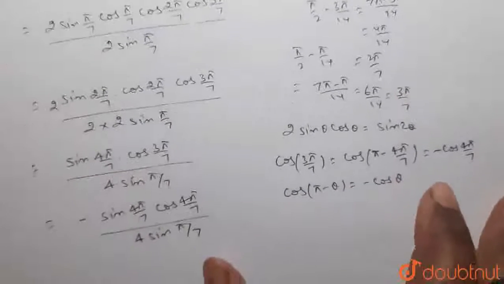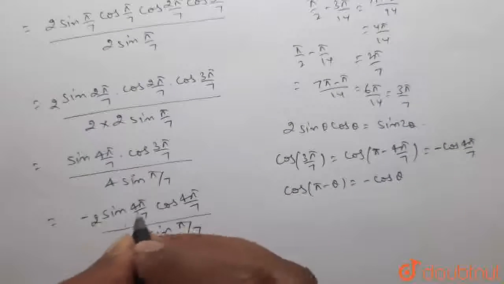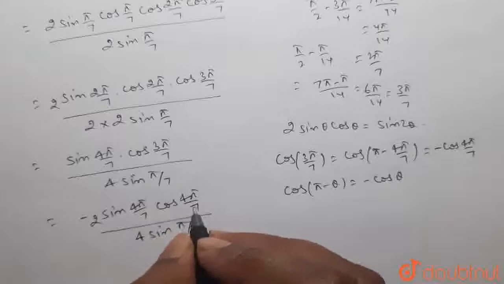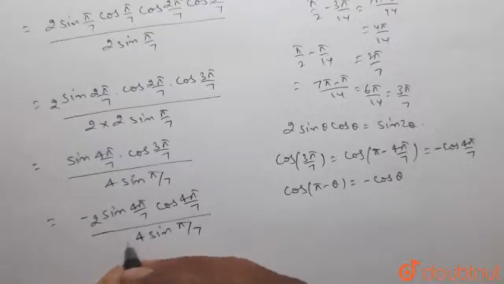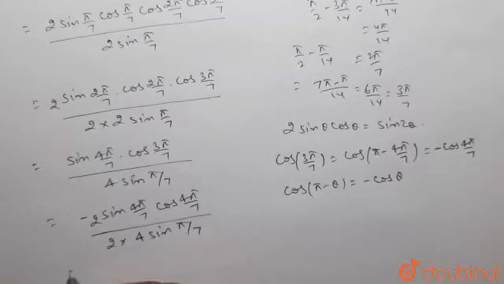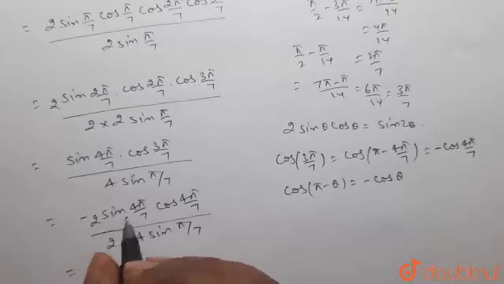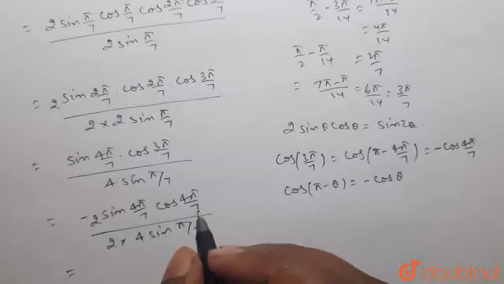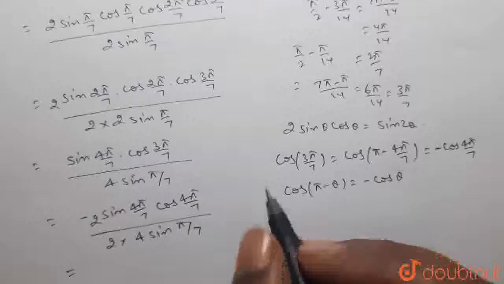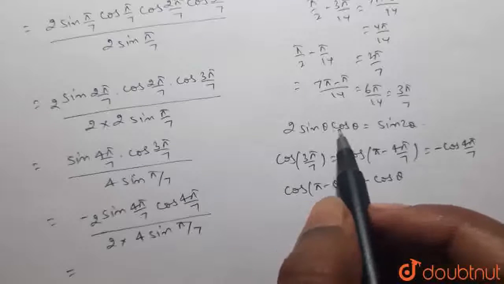Now we will multiply and divide by 2. So it will be 2 sin 4 pi by 7 cos 4 pi by 7 in the numerator, and denominator will be 2 into 4 times sin pi by 7. Now again numerator is 2 sin 4 pi by 7 into cos 4 pi by 7, which is again in the form of 2 sin theta into cos theta.